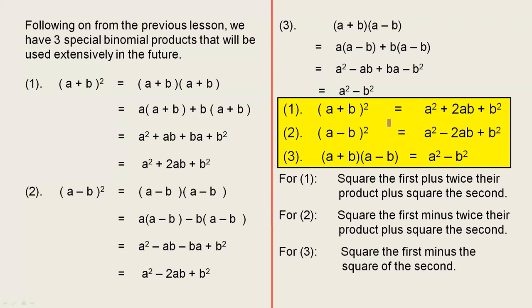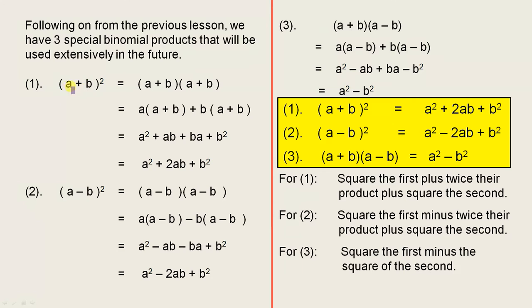Well, there is a very simple procedure where you can actually write the answer down without doing any working. So for one, when you see something like this binomial here, when it's squared, the way you arrive at the answer is this. You square the first term, that gives you a squared, plus twice their product.